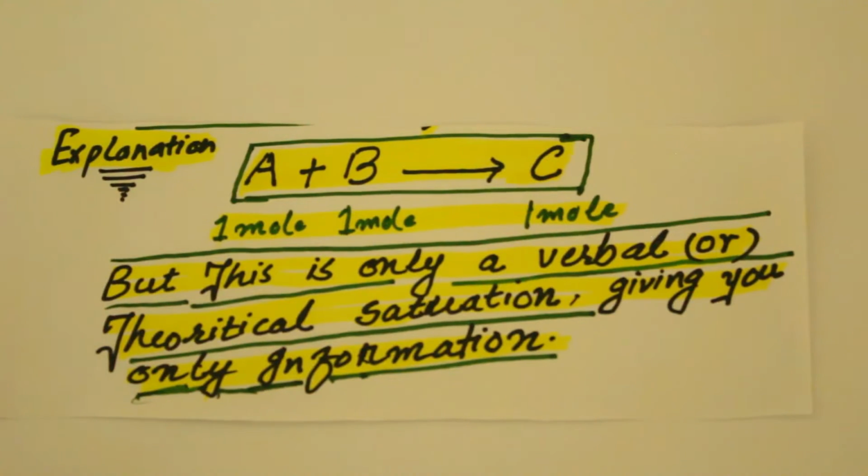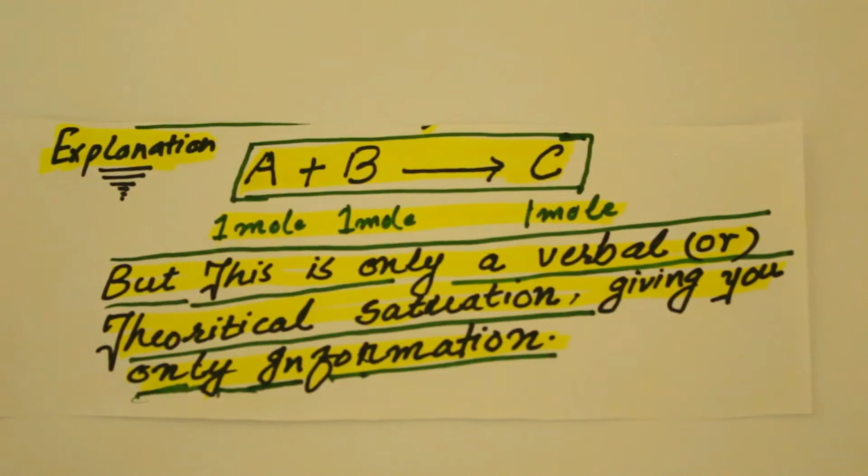It's because when we defined the term yield, we ignored so many experimental factors. On the basis of this discussion, we can say that there are two types of yield: the theoretical yield and the experimental yield. Now let's discuss these two different kinds of yields one by one.